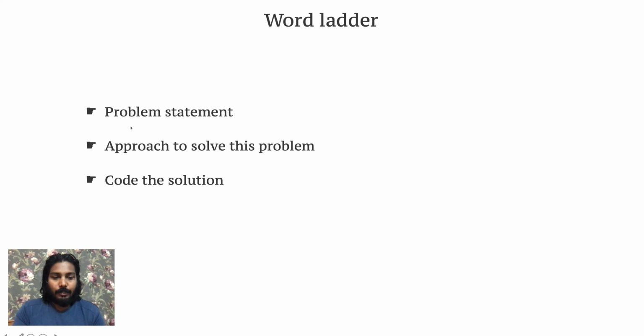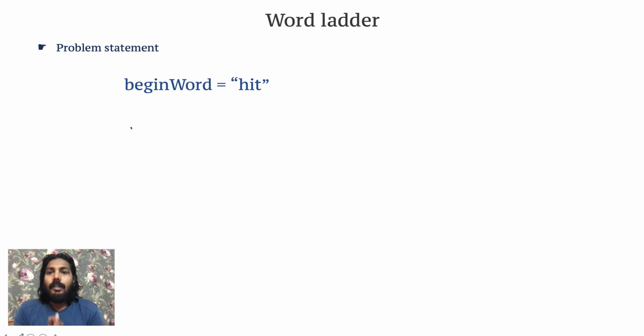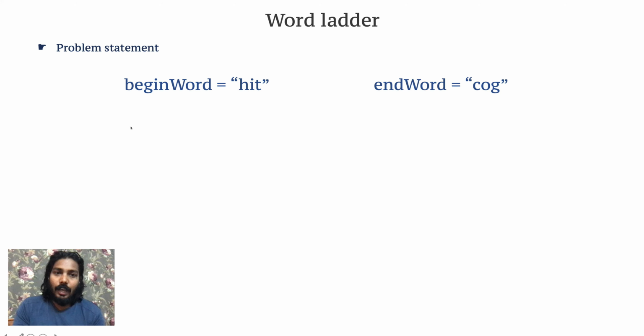Let's proceed. We are given a begin word and an end word. We have to travel from the begin word and reach the end word by transforming the begin word to another word by changing just one character.